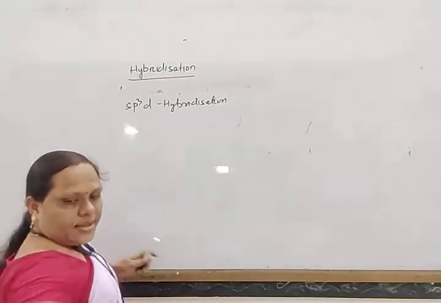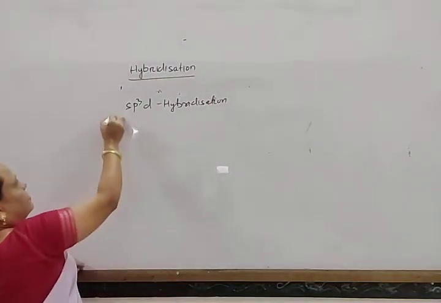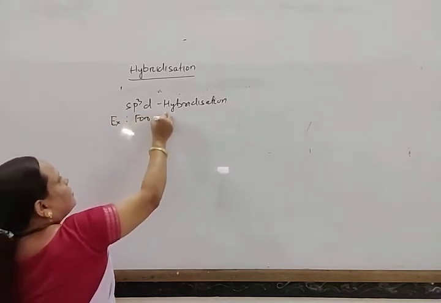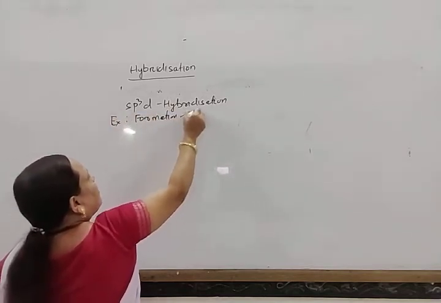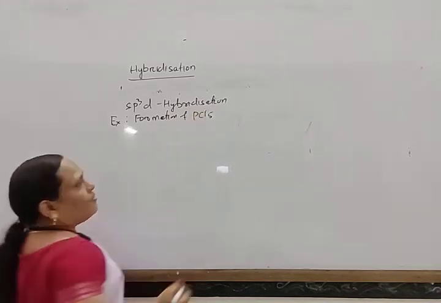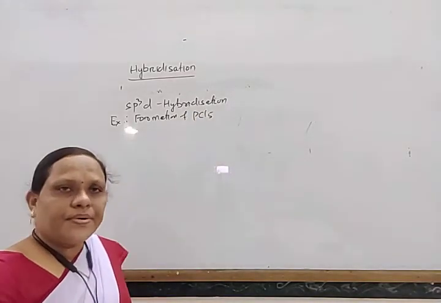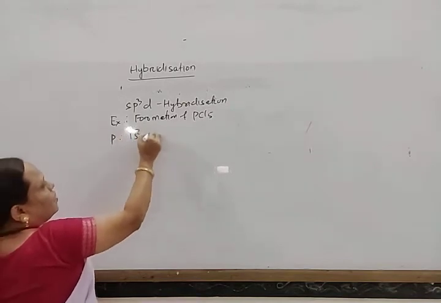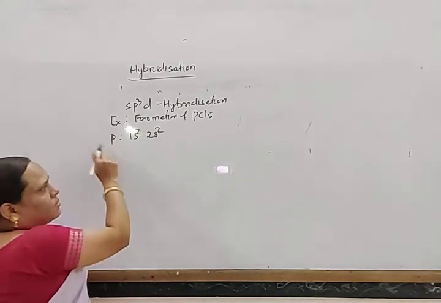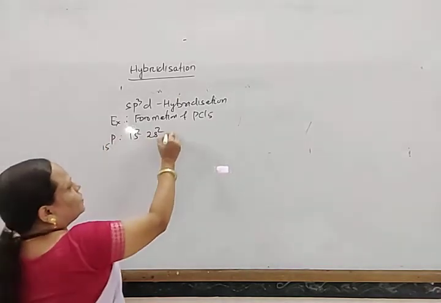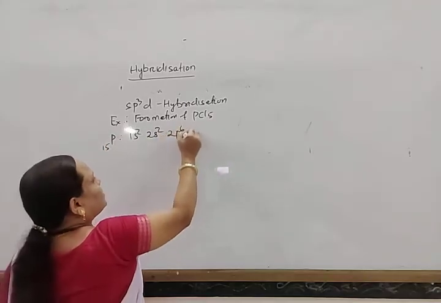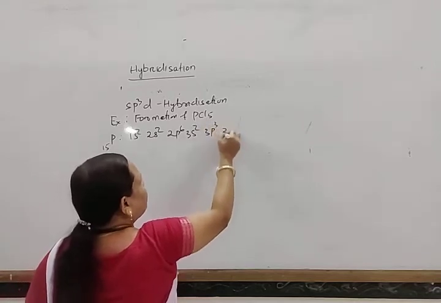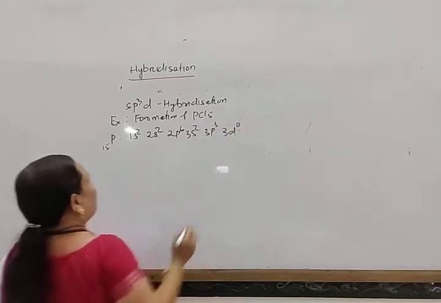Example: formation of PCl5. Phosphorus has atomic number 15, with electronic configuration 1s2, 2s2, 2p6, 3s2 and 3p3. It has d orbitals, but they are vacant.